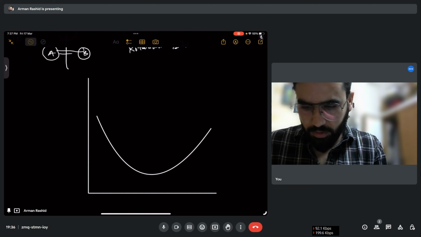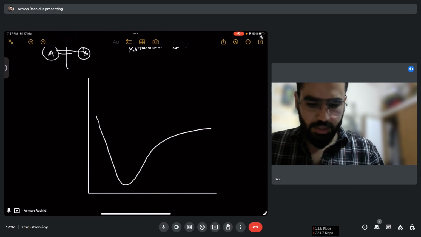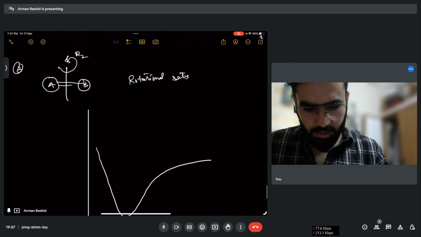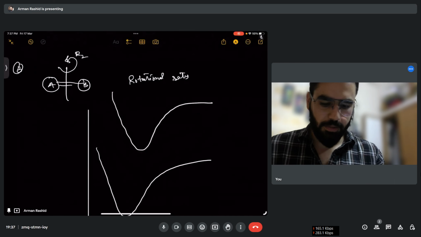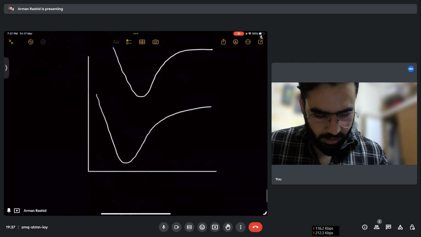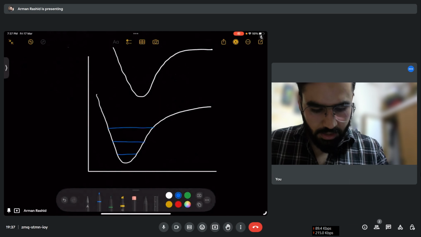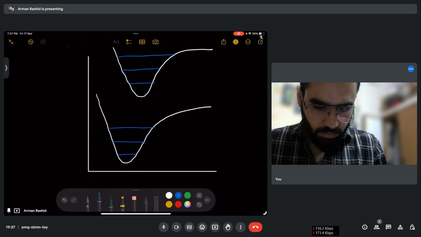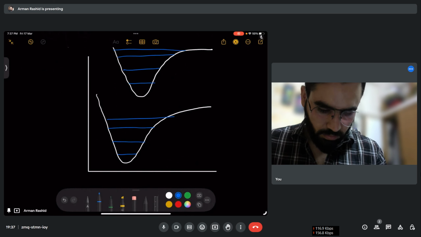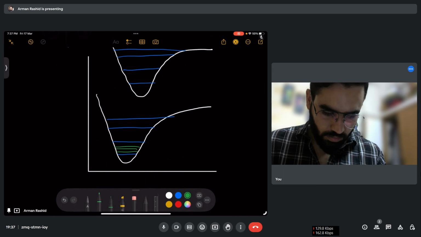This is the first electronic energy state, this is the second electronic energy state. I'll represent the vibrational states by this, and the rotational states by green.